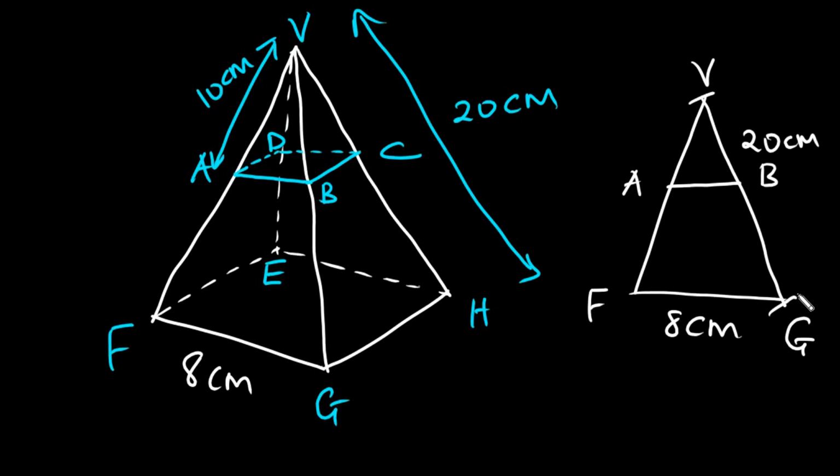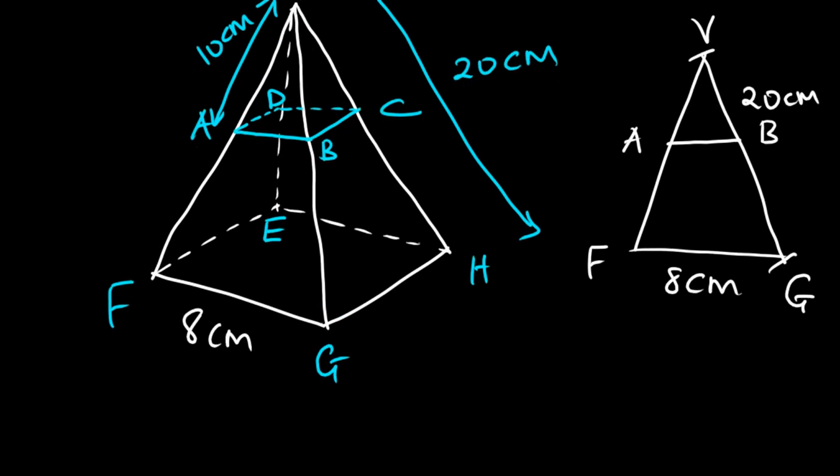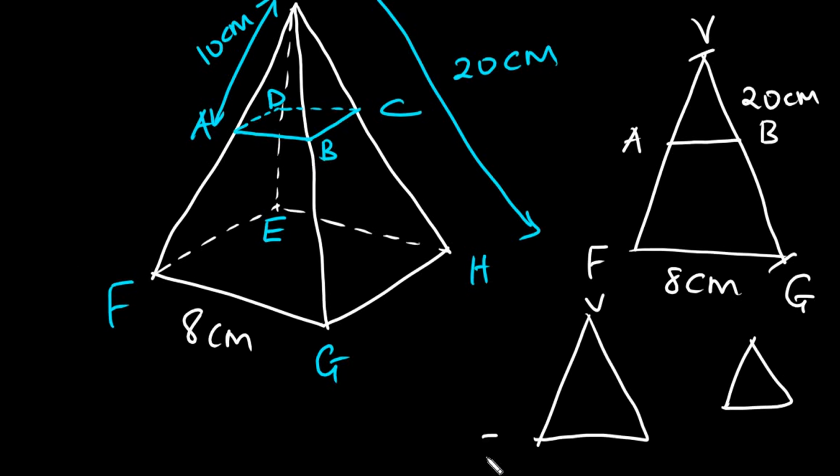So now we are going to use the knowledge on similarity and enlargement, and what we are going to do is that we have two triangles, one bigger and one smaller. The bigger one is VFG, and the smaller one is VAB.